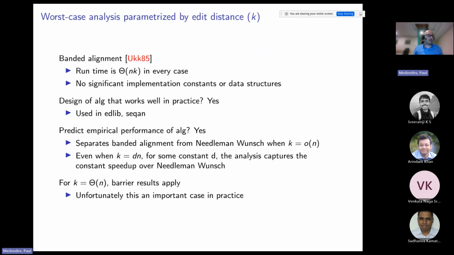And that's why we talk about divergence. So there's a divergence, say 1% between two genomes, meaning 1% of the positions are mutated. And that's the way these distances evolve, the number of edits is proportional to the length of the sequence. So this is a big application of edit distance, and unfortunately in this case we're stuck with the barrier results.